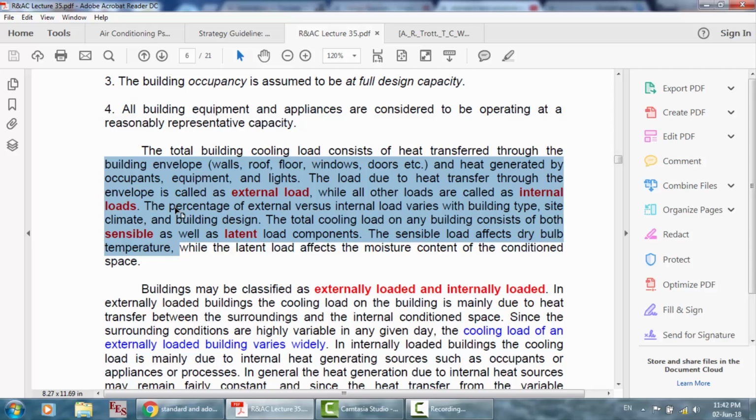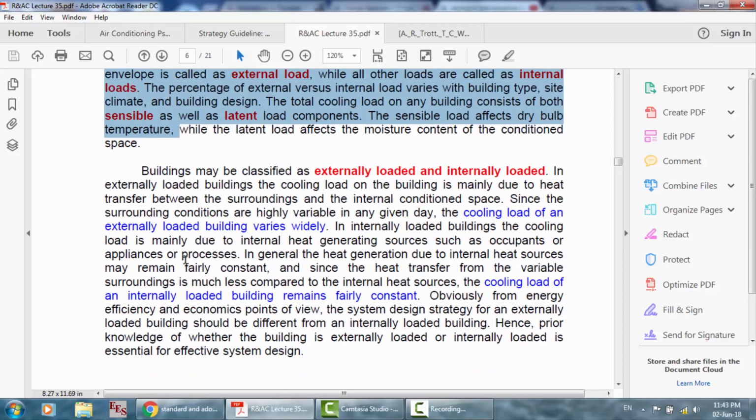The total cooling load on any building consists of both sensible as well as latent load components. These things can be calculated using the hourly analysis program, as we all saw in the reports of HAP. The sensible load affects dry bulb temperature, while the latent load affects the moisture content of the conditioned space.